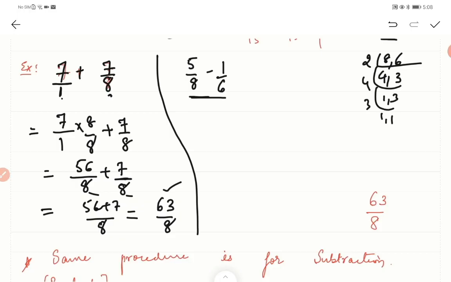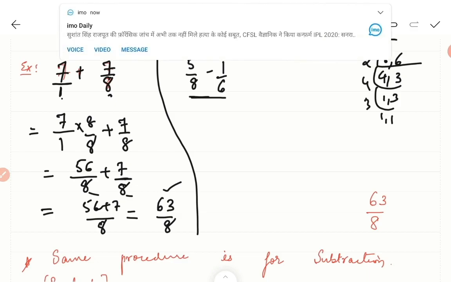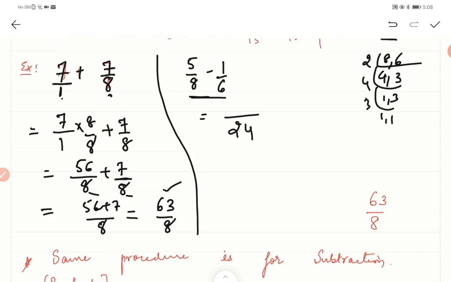So 4 2s 8, 4 3s 12, 12 2s is 24. So the LCM is how much? It is 24. Then this 8 goes how many times? 8 3s 24, isn't it? And here 6, how many multiples? 6 4s 24, isn't it?